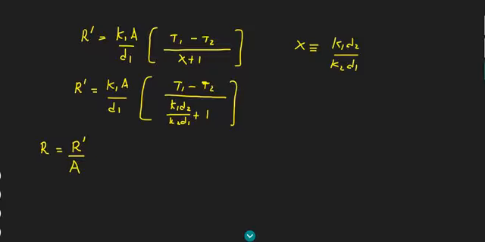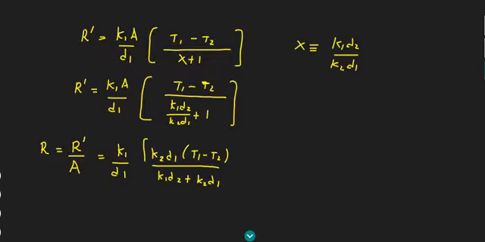So in this case, as a result, I'll have K1 D1, and then I'm going to solve the denominator. I'll have K1 D2 plus K2 D1, and in the numerator I'll have one of the denominator parts, that would be K2 D1 times T1 minus T2.